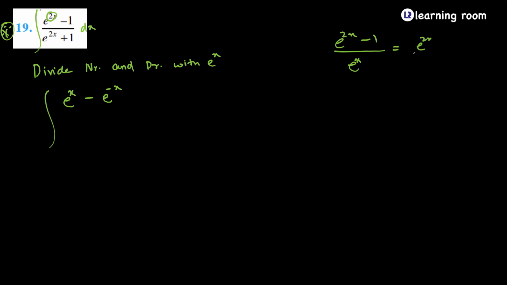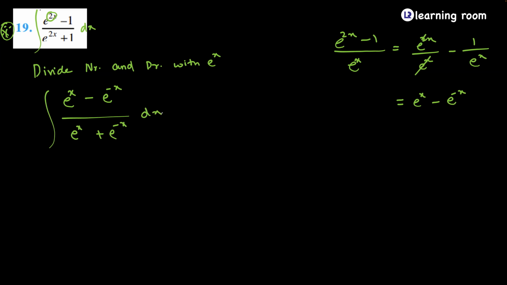That will be e power 2x by e power x minus 1 by e power x. So this will cancel this so that you will be left out with e power x. So it will be e power x minus, makes sense? E power x minus e power minus x. With the same logic, what should happen to the denominator? It will be e power x plus e power minus x dx.